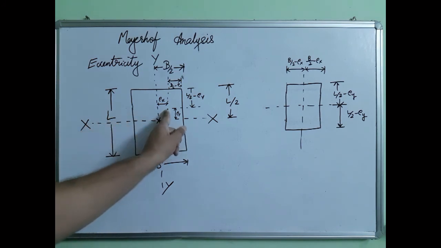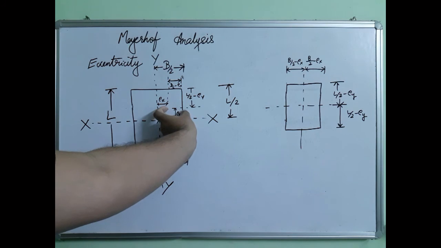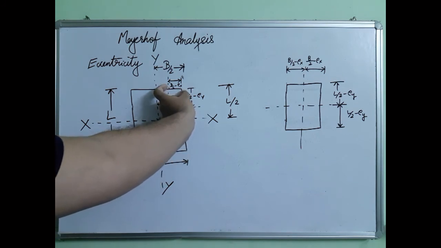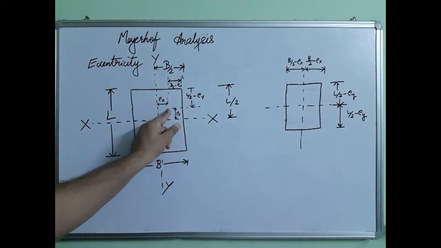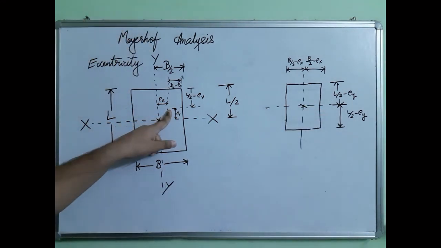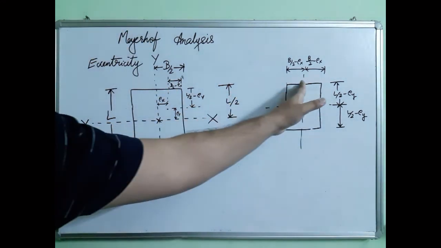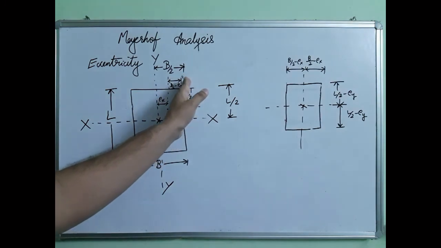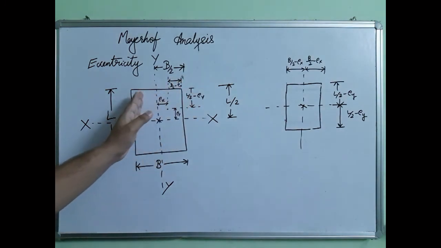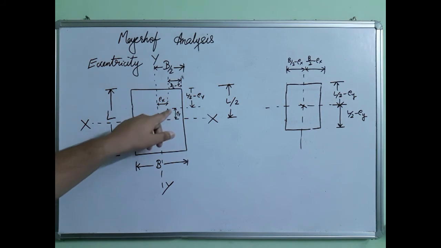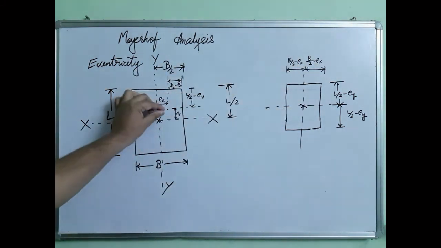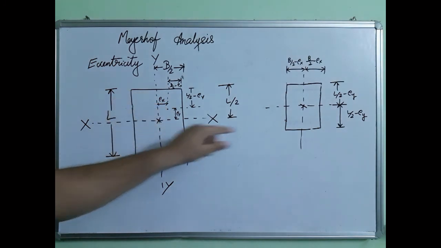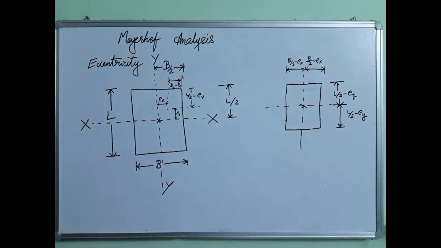Since along this the gap is B by 2 minus Ex, we will take another distance on the left, which is B by 2 minus Ex. Again on the left side we take another B by 2 minus Ex. Now along this there is L by 2 minus Ey, and on this side we take another L by 2 minus Ey.